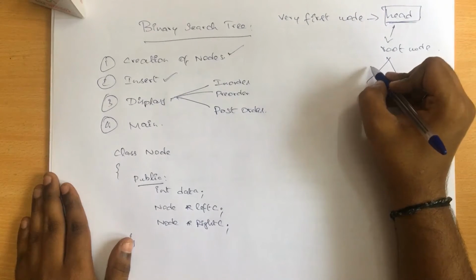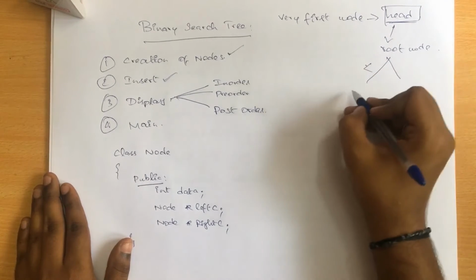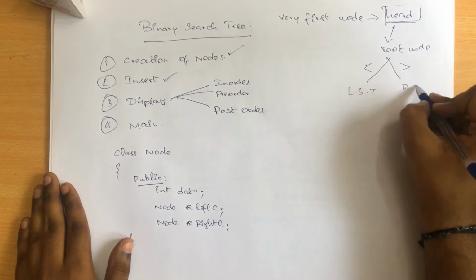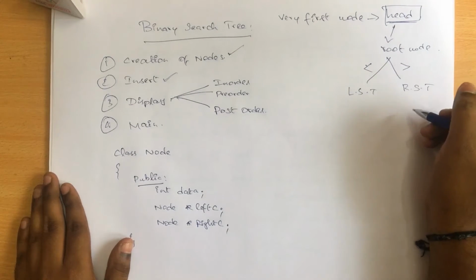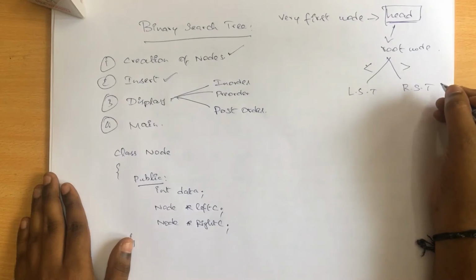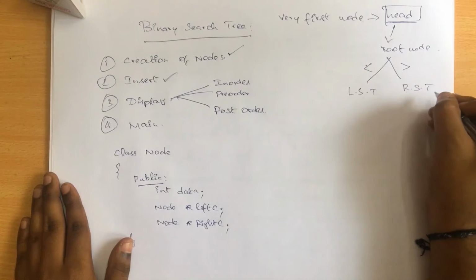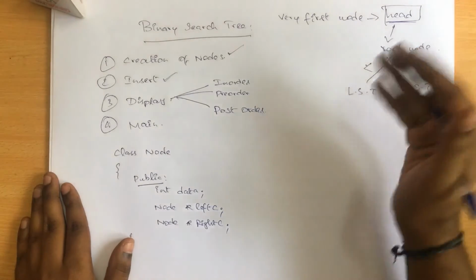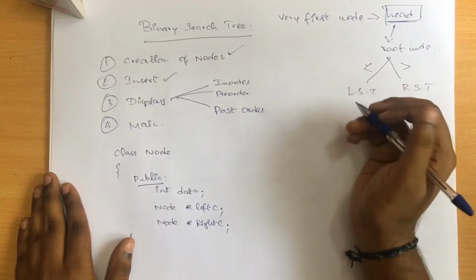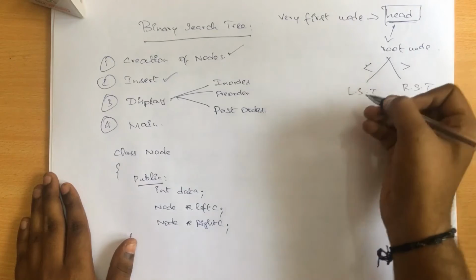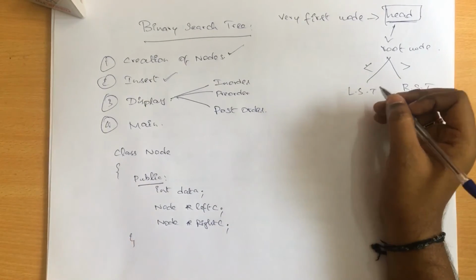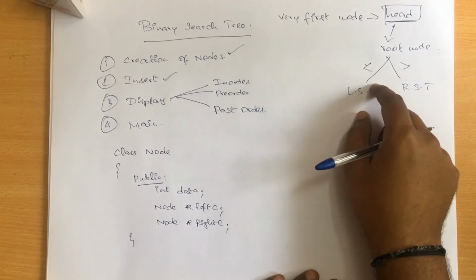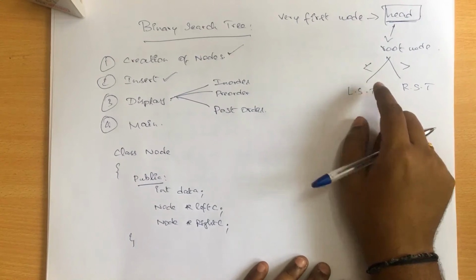If it is less than the root node, it will be in the left subtree. If it is greater than the root node, it should be in the right subtree. Recursion also takes place in the same way. If it is less than the root node, I'll go on with the left subtree of the root node, and if I find that the left of the root node is empty, then the left of the root node will be replaced with the new node. The same goes for the right node.